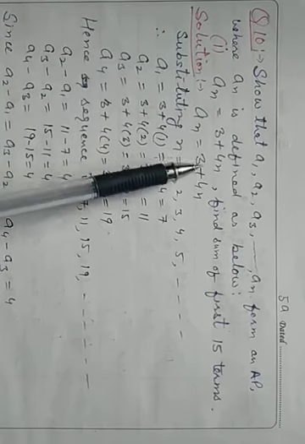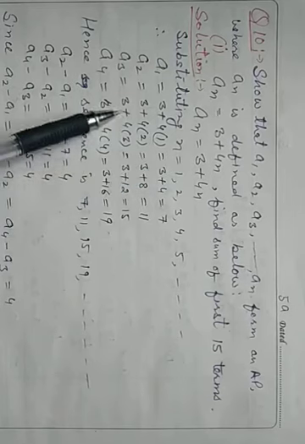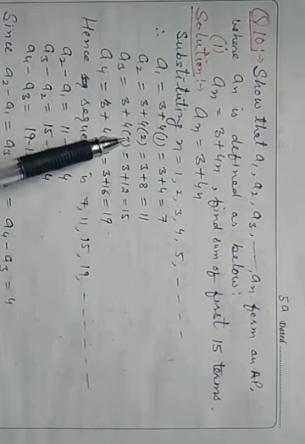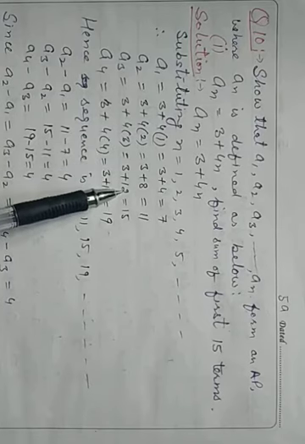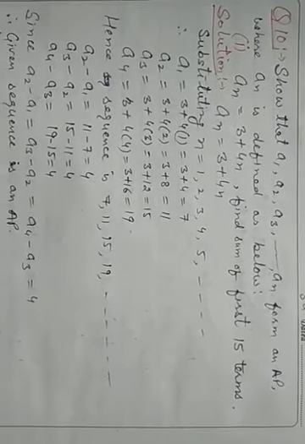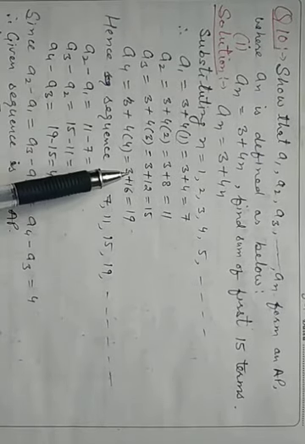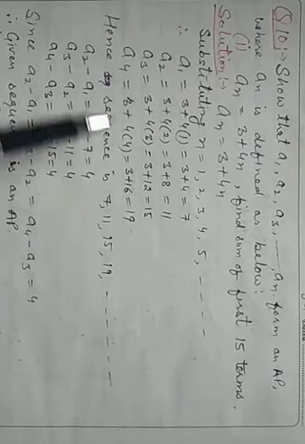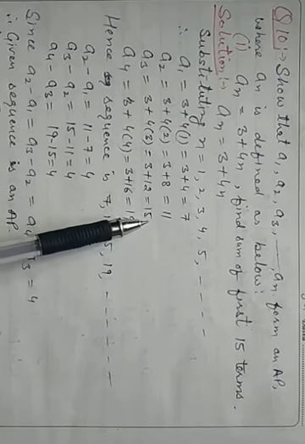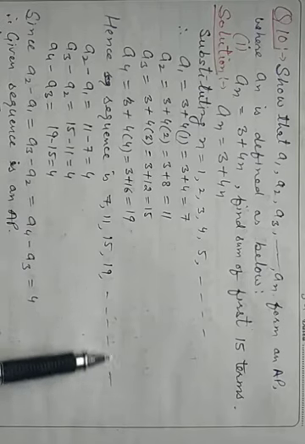A3 is equal to 3 plus 4 into 3. 4 threes are 12, 3 plus 12 is 15. Similarly put 4, we get 19. Hence your sequence is 7, 11, 15, 19, and so on.